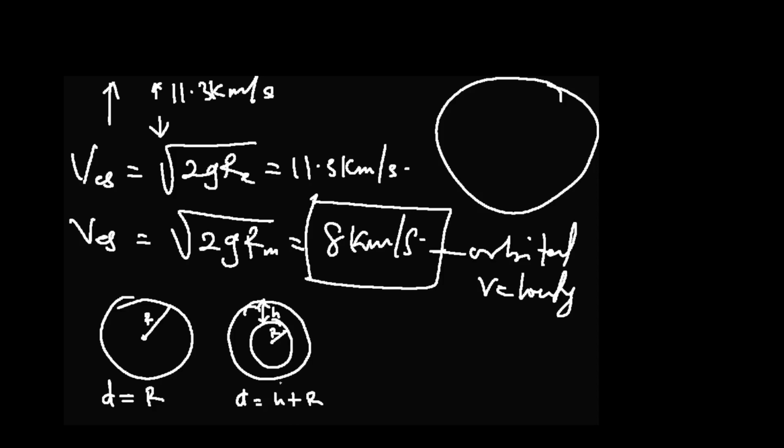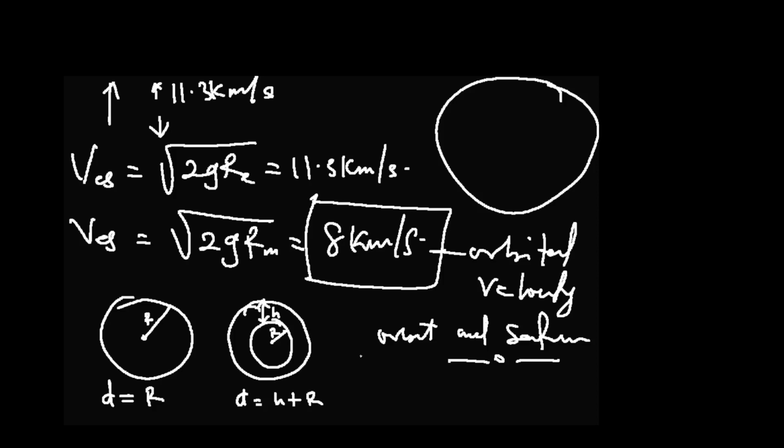So we talk about orbit and satellites. What is orbit and what is called satellite? Orbit simply means the curved path of an object moving in space.